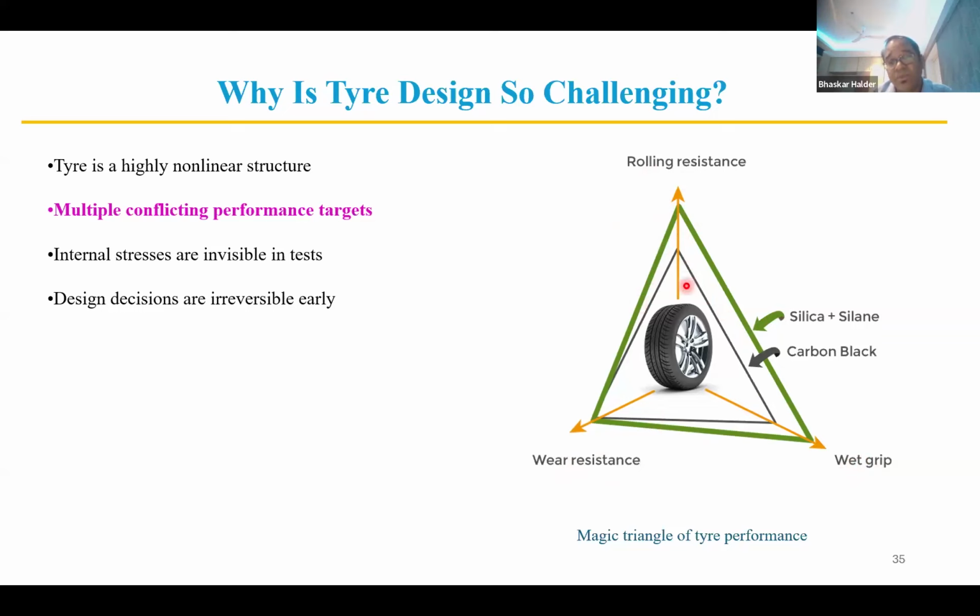What is the requirement of the tires is very important for a designer. But the fact is that there are multiple conflicting performance targets, so it is very difficult to achieve these targets.